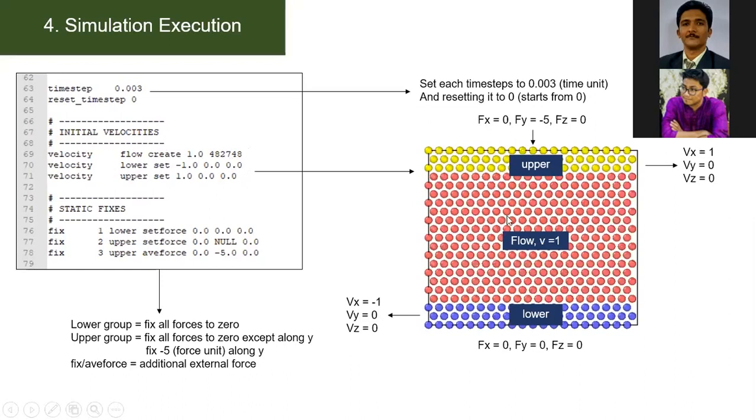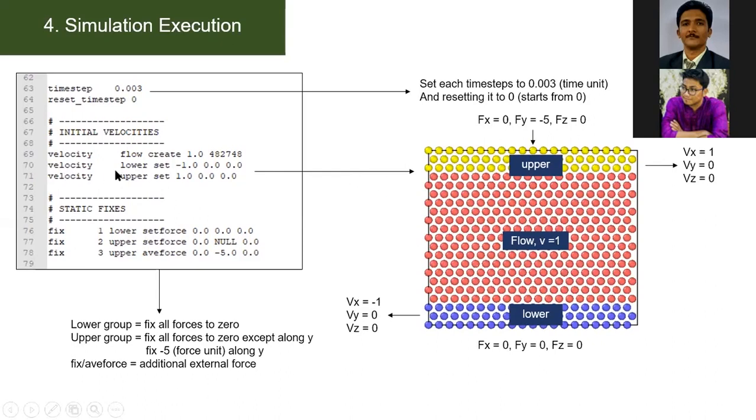So this total flow group, the middle group, will start with a temperature of 1 Kelvin, and you know the temperature is related to velocity. So creating a 1 Kelvin temperature on the system will create a velocity in the flow region.